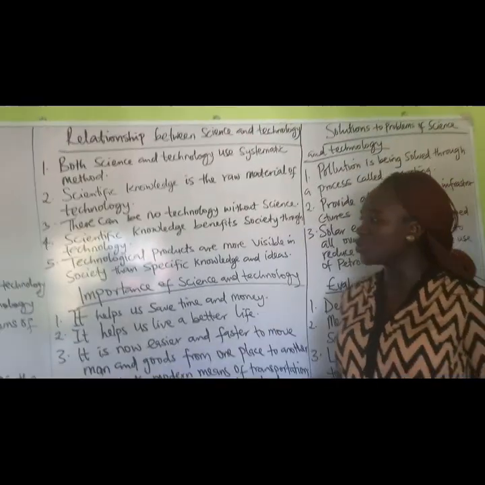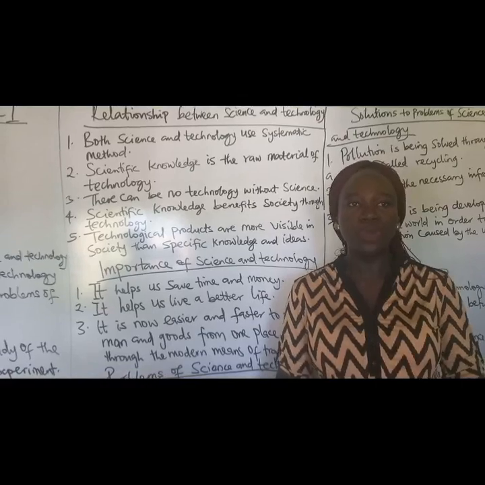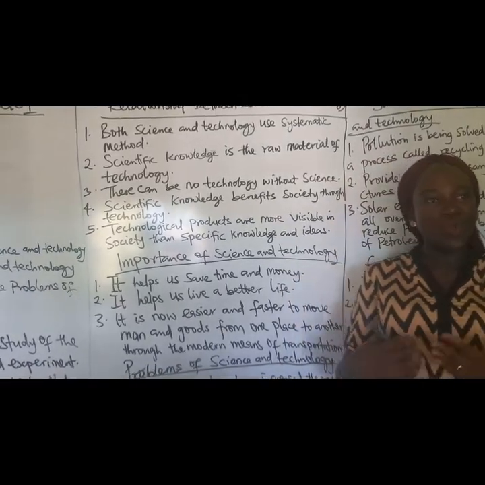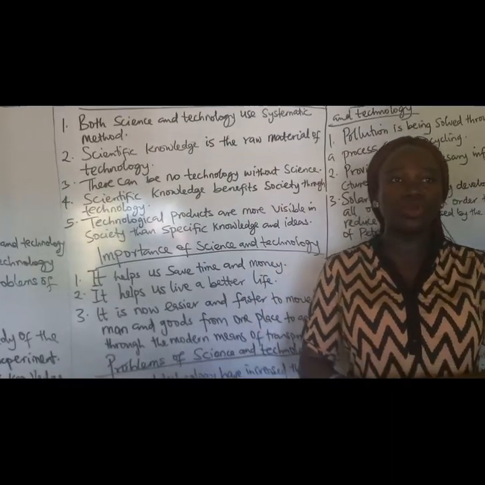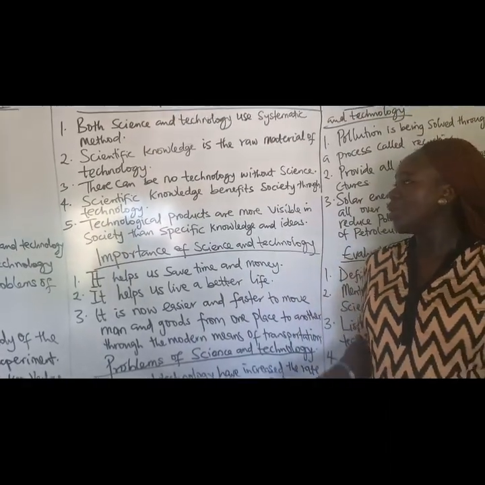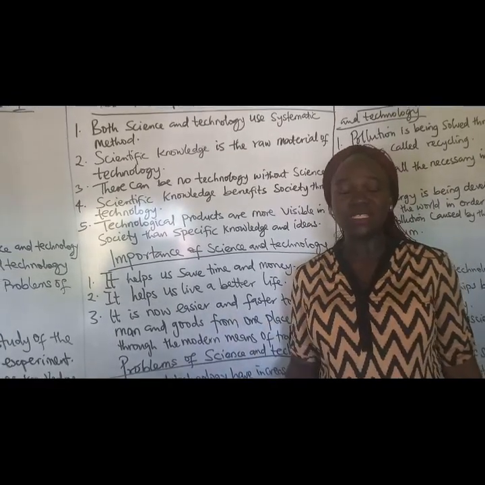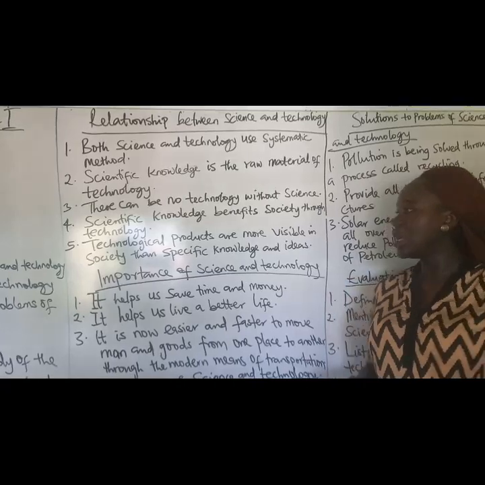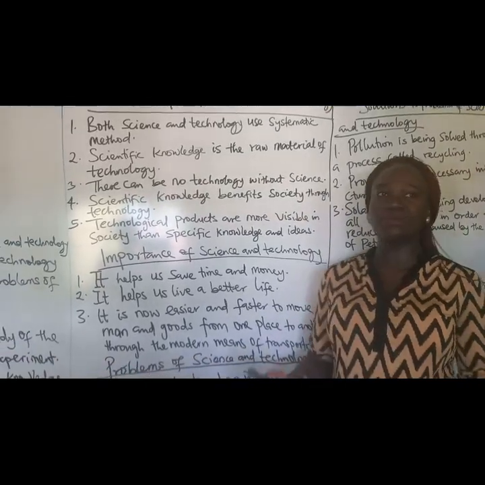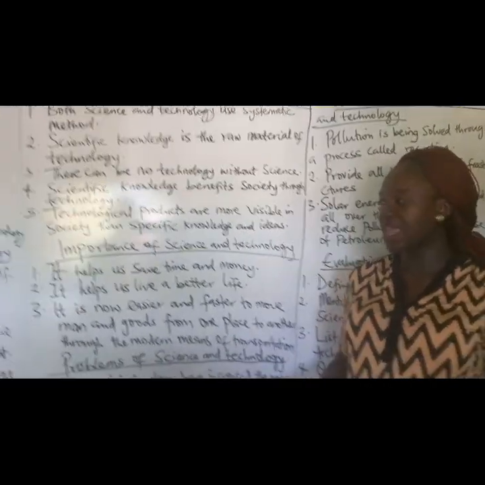So the products you produce is what the society needs most. With knowledge of science, without creating anything, without producing anything, it seems you've not done anything. So the product a technologist or a scientist was able to produce is what makes science visible and makes it more useful to the society.